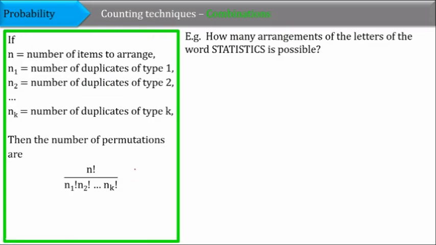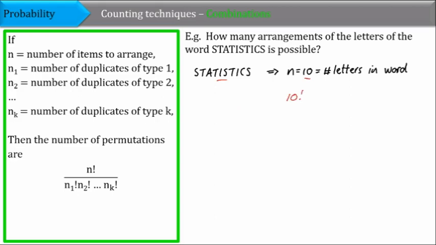Right, now lastly, we will extend on our combinations. Before we look at the definition, let's just look at the example. It asks how many arrangements of the letters of the word statistics is possible. Now, if we look at the word statistics, we see that it contains 10 letters.